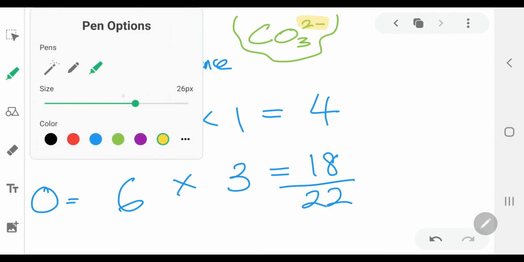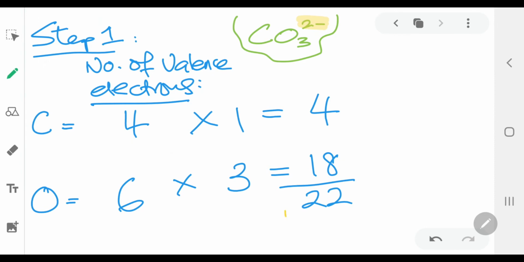So when you have a -2 charge, you need to add 2 there, and thus the total valence electrons is about 24.